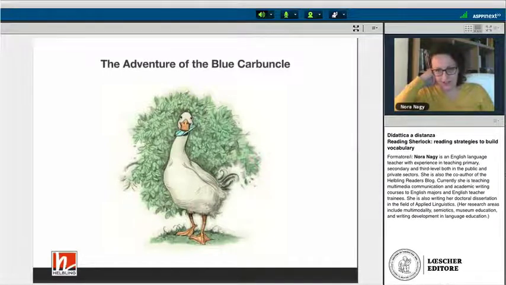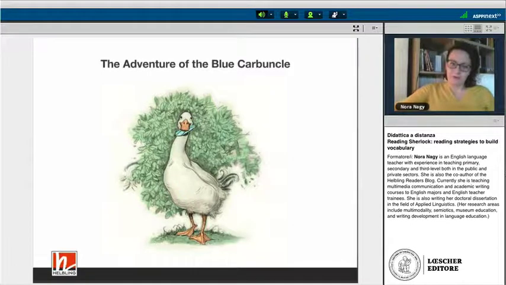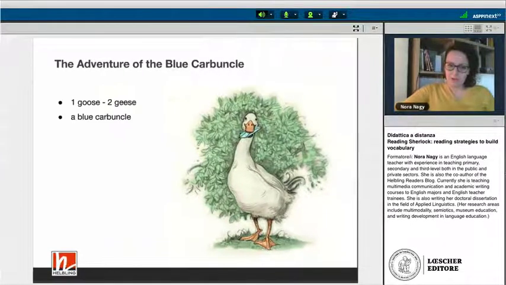You remember that the title of the story is The Blue Carbuncle. So we can probably all agree that this is a goose. Remember that the plural is geese, and the goose is holding a blue carbuncle. Now you don't have to write it in the chat box here now, but just take a note and try to remember or imagine what might happen to the goose and the carbuncle in the story.